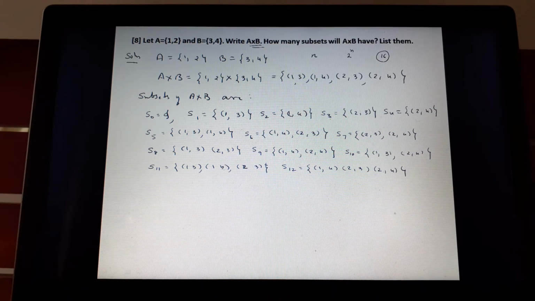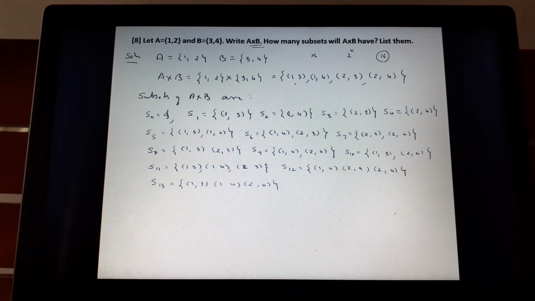Now you see, this is the first three, this is the last three. But one more is possible, this and this and this. So next one is S13: first one, second one, fourth one. So it is 1 3, 1 4 and 2 4.